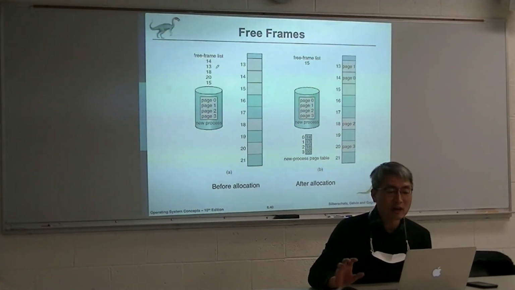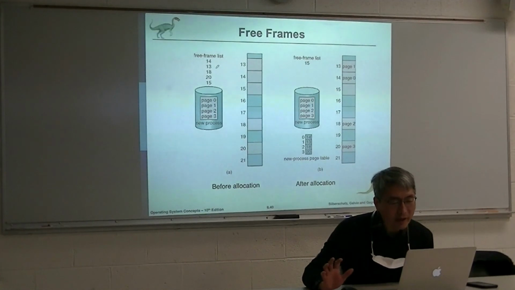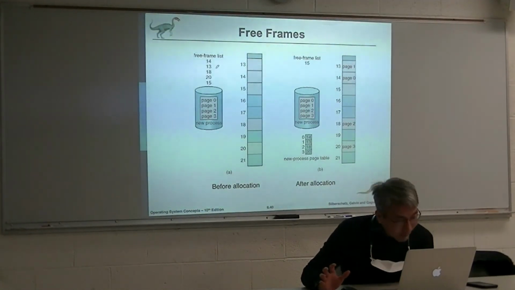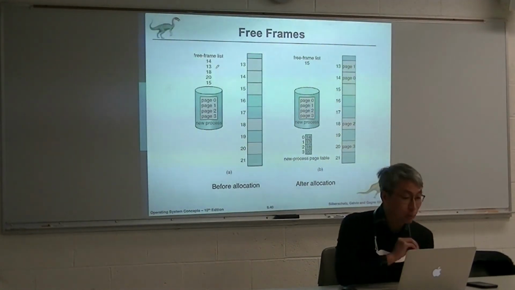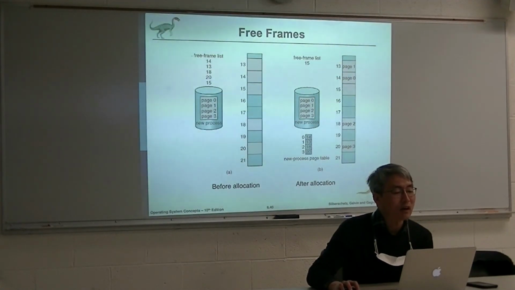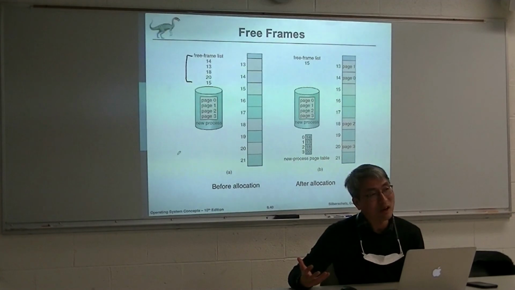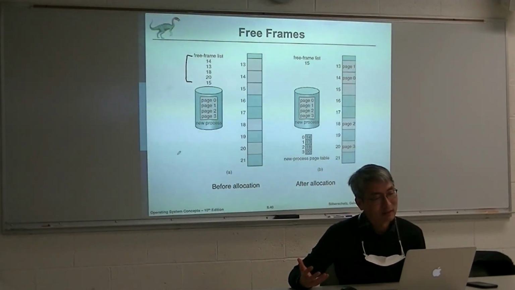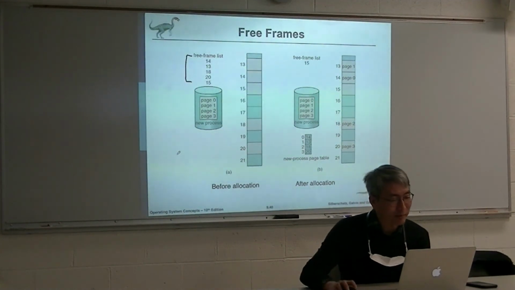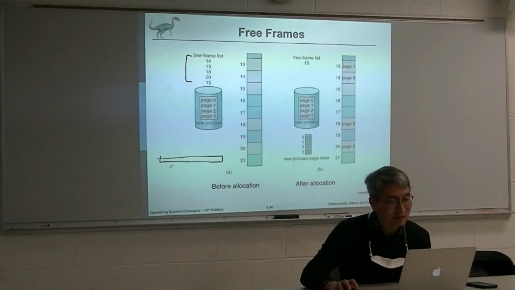So how does the operating system allocate the page frame to the page of the program? It manages the free frames. It's a very similar idea as what? Your file system. Do you remember? Your free block is managed by the bit vector.